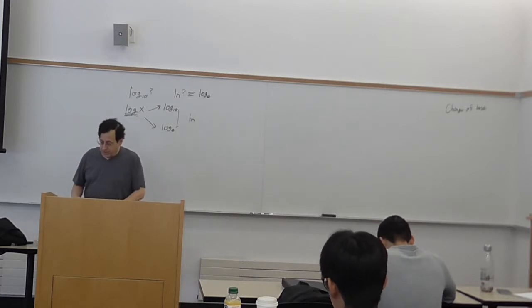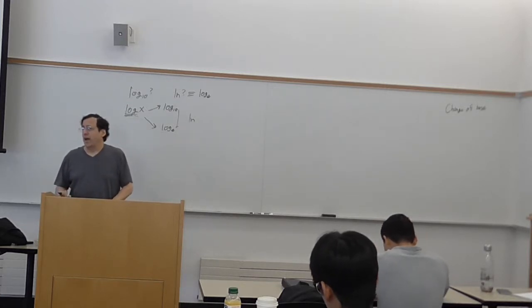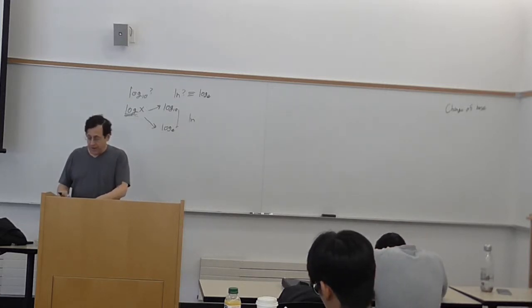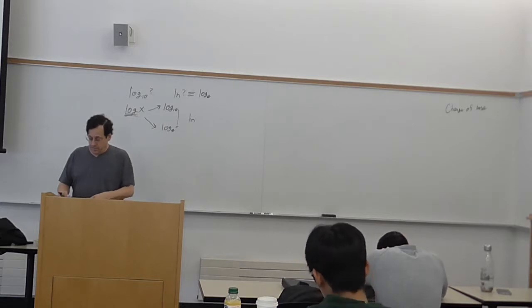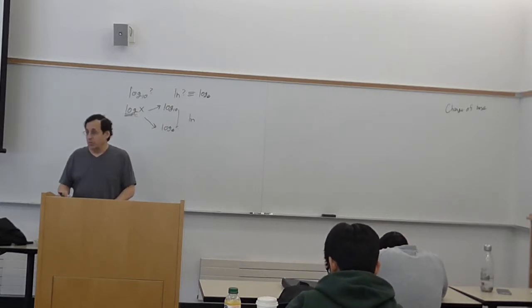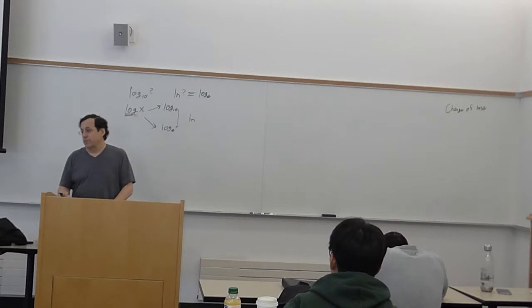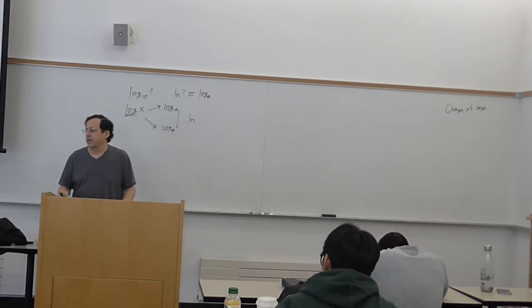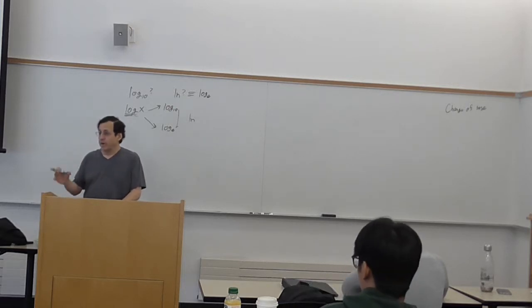This is a notational issue, and it stems from the fact that from a scientist's point of view, a log to the base 10 is more important, but from a mathematician's viewpoint, log to the base e is more important. So in the future, you might have to be aware of the context of the log.